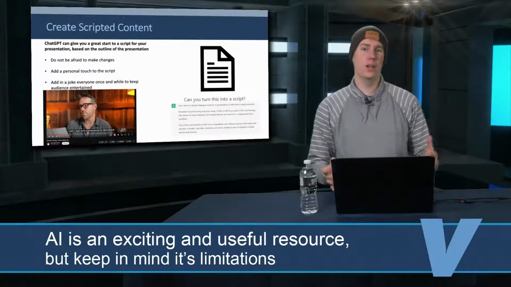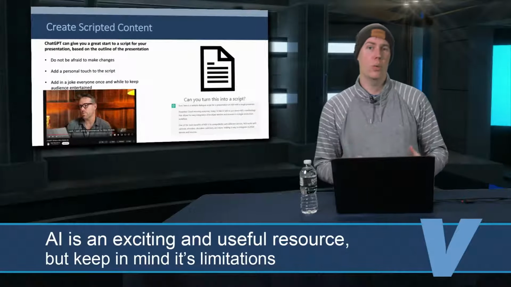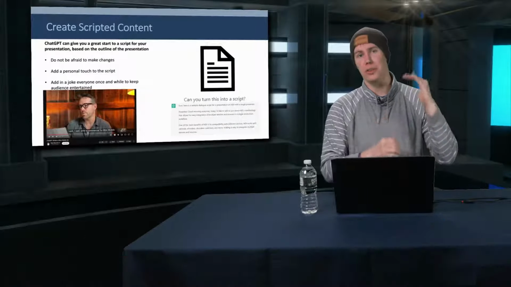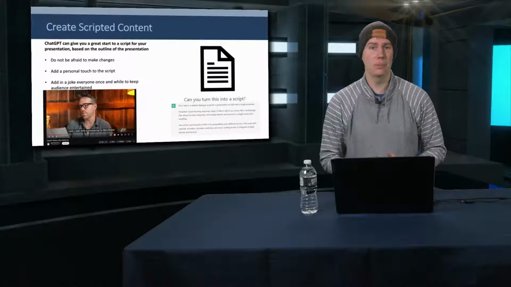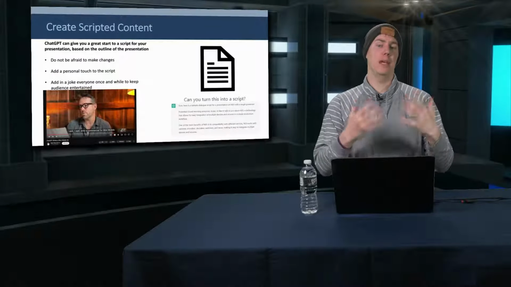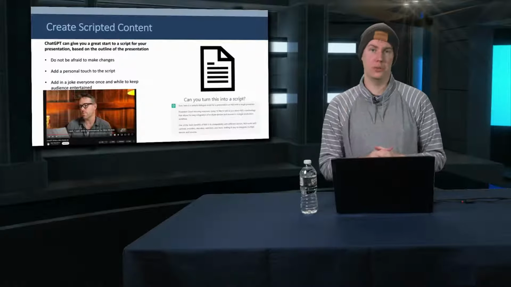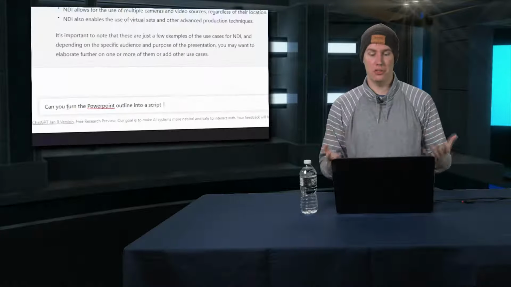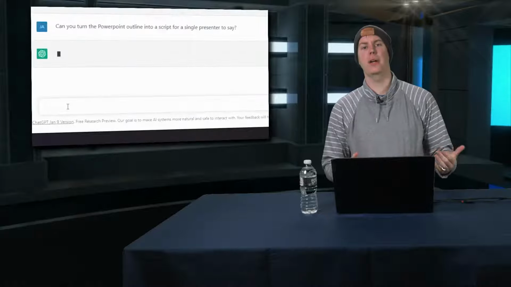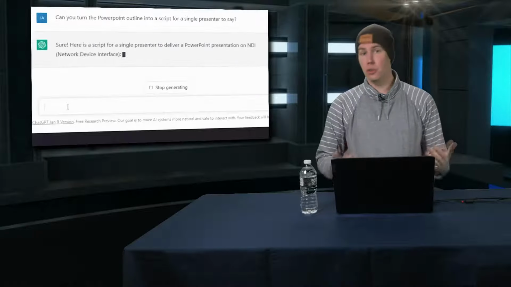The next thing that we wanted ChatGPT to do was to extrapolate that information and use context clues. And we simply asked it, can you make a script on this presentation for one presenter to say? And ChatGPT gave us a several paragraph script that we could use.